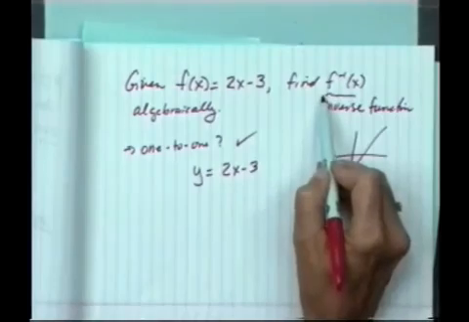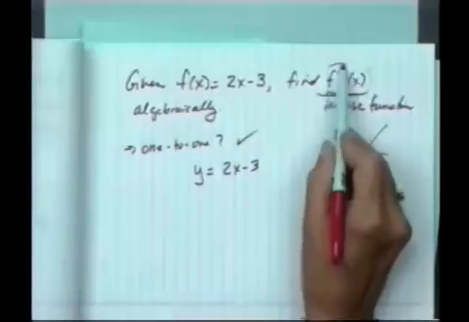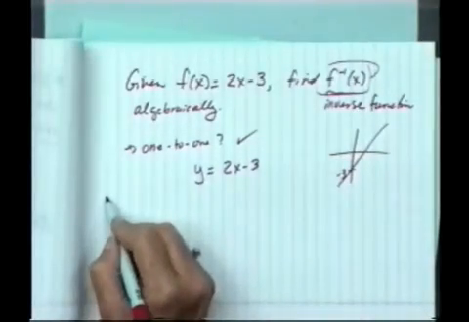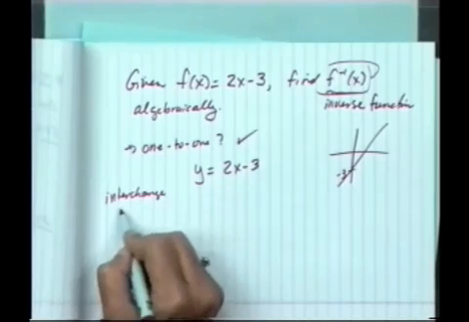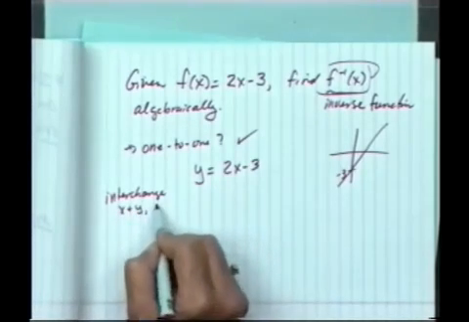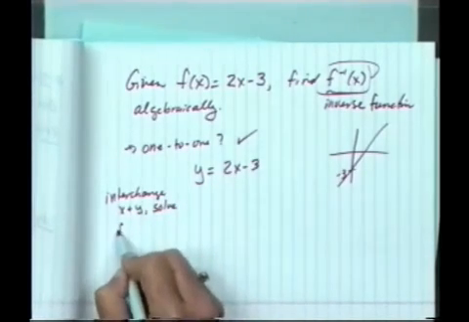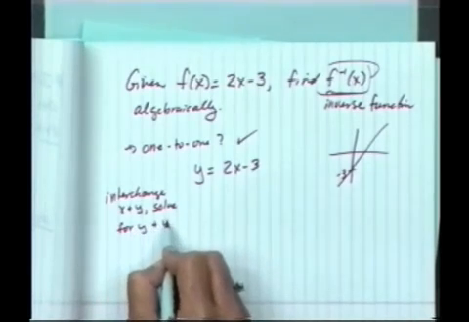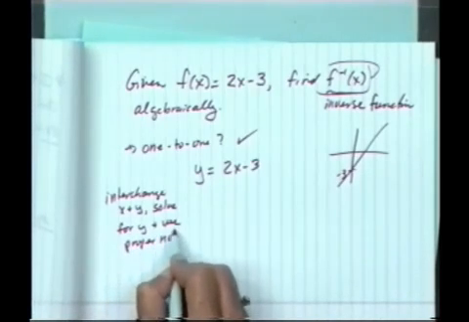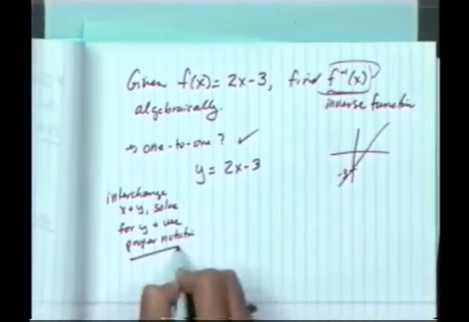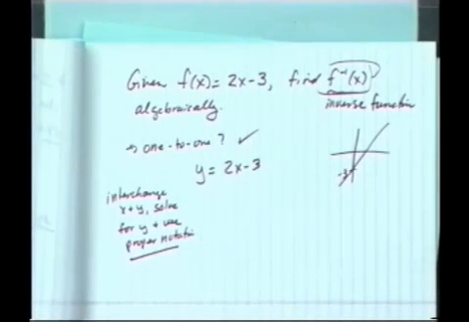Now, the little cookbook for finding the inverse is to interchange x and y, solve for y, and use proper notation. The reason we're interchanging x and y is because inverses are interchanging domains and ranges.